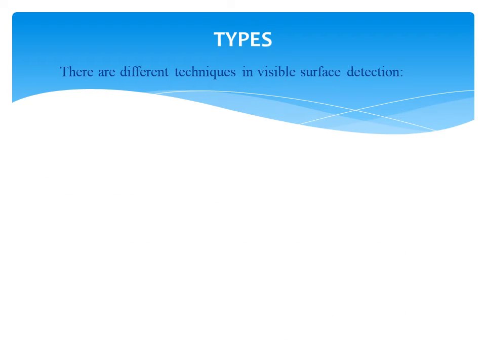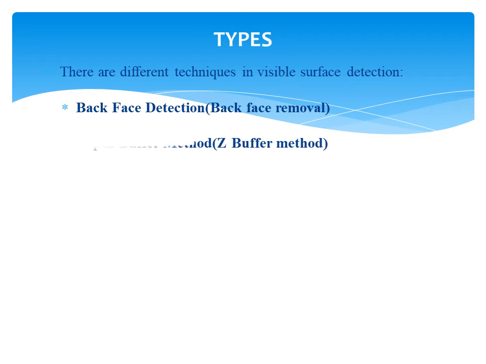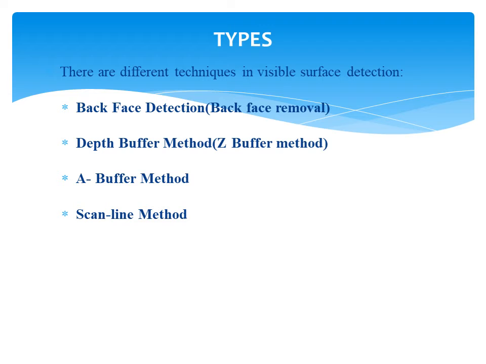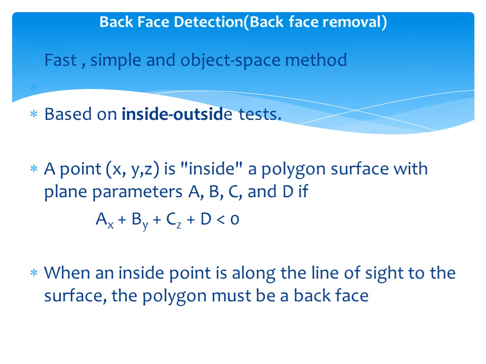Next topic is the types of visible surface detection methods. There are different techniques in visible surface detection. They are backface detection, depth buffer method or Z buffer method, A buffer method, and scanline method. Last one is backface detection.